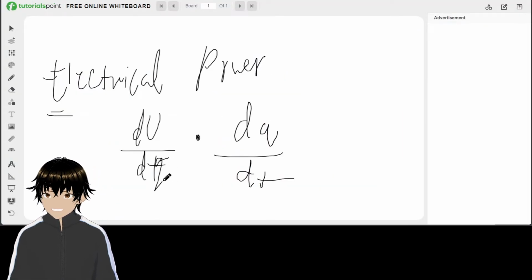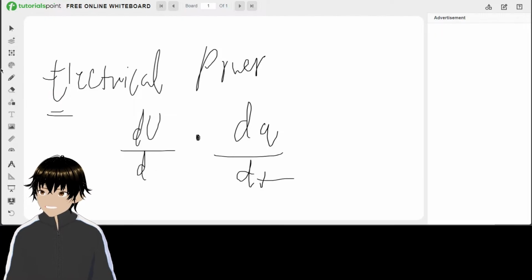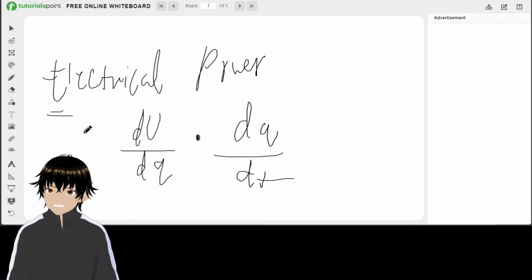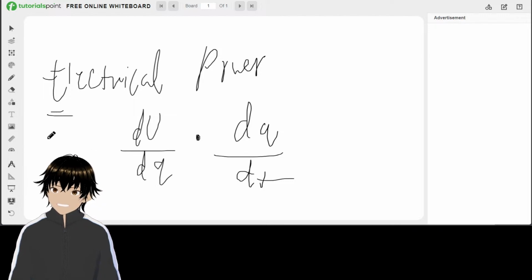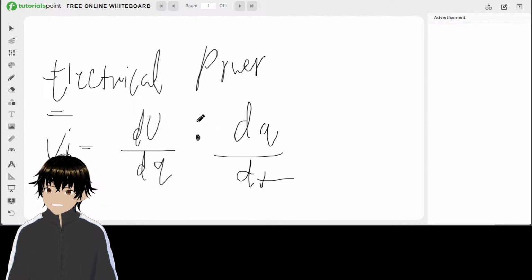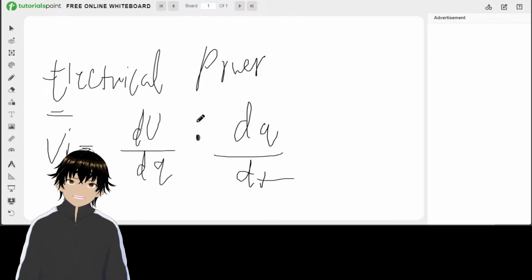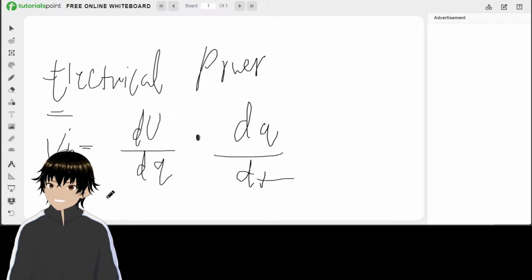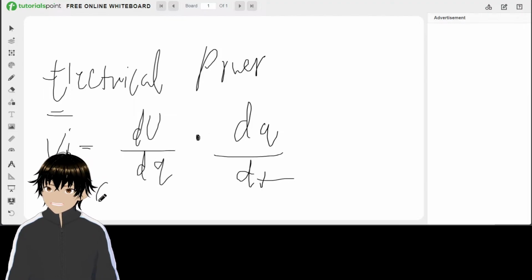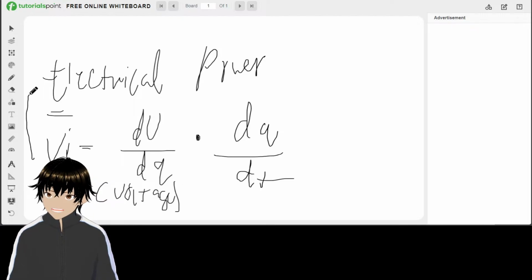Yeah, I knew it, this was a Q. So power is this VI, the change of energy that is experienced by charges times voltage. That's the electrical power.